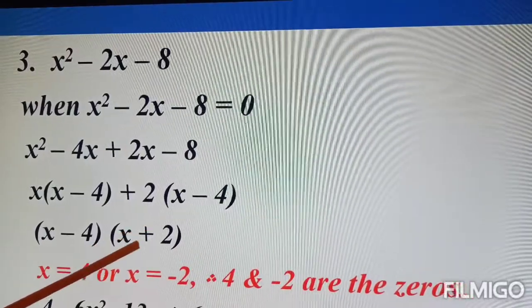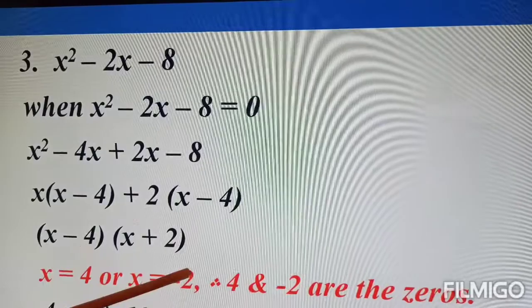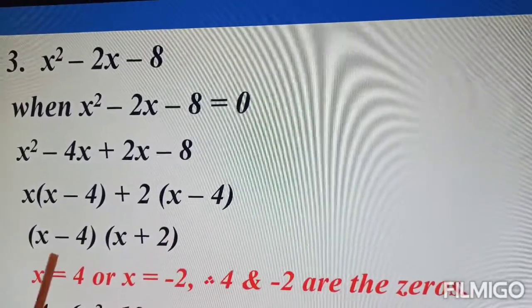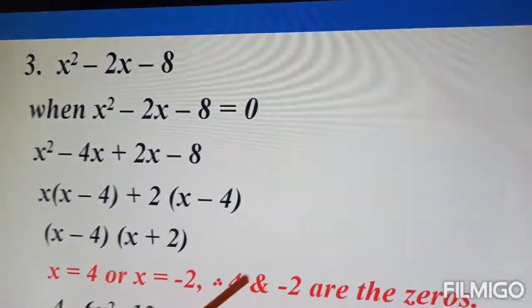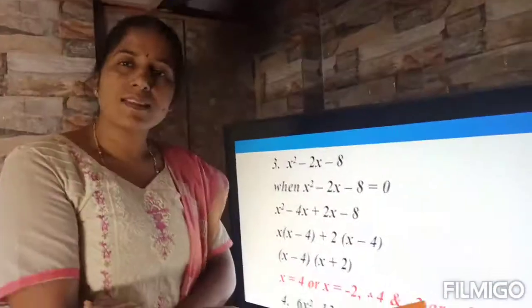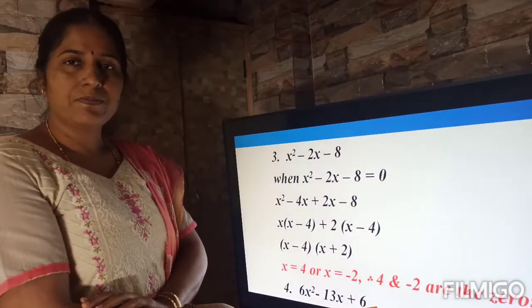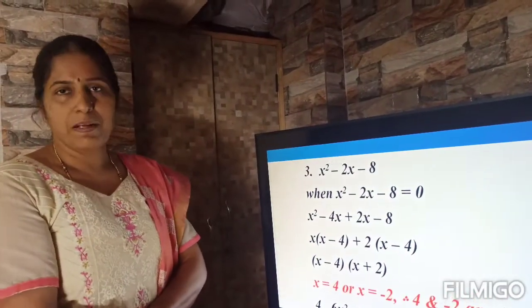And this also equates to 0. Then 2 transfers to the right side, it becomes minus 2. Therefore, we got the x values 4 and minus 2. Therefore, 4 and minus 2 are the zeros of the given polynomial. Understood? Okay. We'll go to the next example.